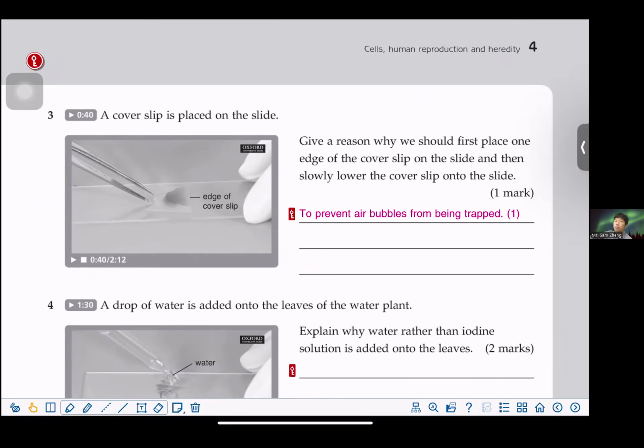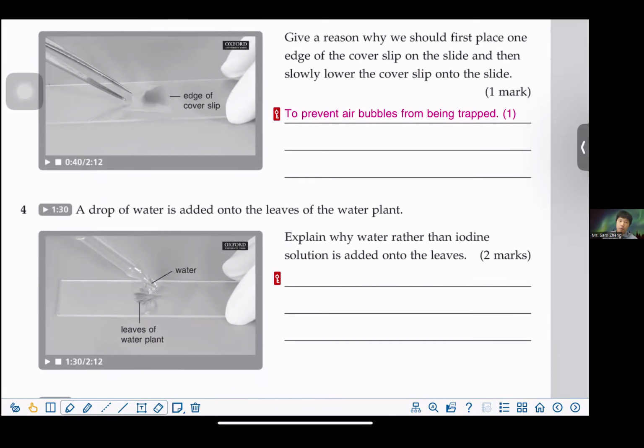So to prevent the air bubbles from being trapped, it is important for us to place it like this. This is the slide, and this is the cover slip. Touch the liquid first, and then slowly attach on it. This is a method for us to reduce the number of air bubbles.